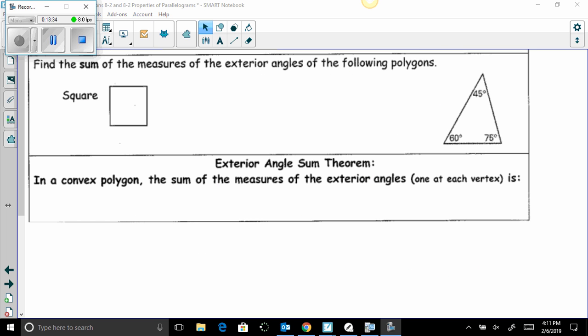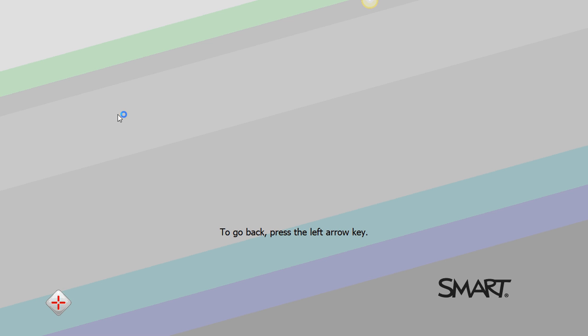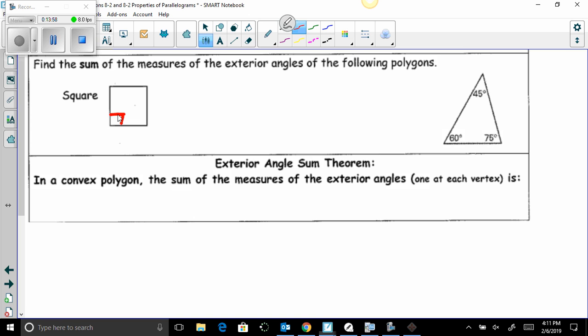So using what we just learned, let's find the sum of the measures of the exterior angles of the following polygons. So, if I have a square here, what do you know about a square? My board is a little messed up, so let me just fix that really quick so it doesn't cause us any issues. Alright, so we know that a square has all 90-degree angles.